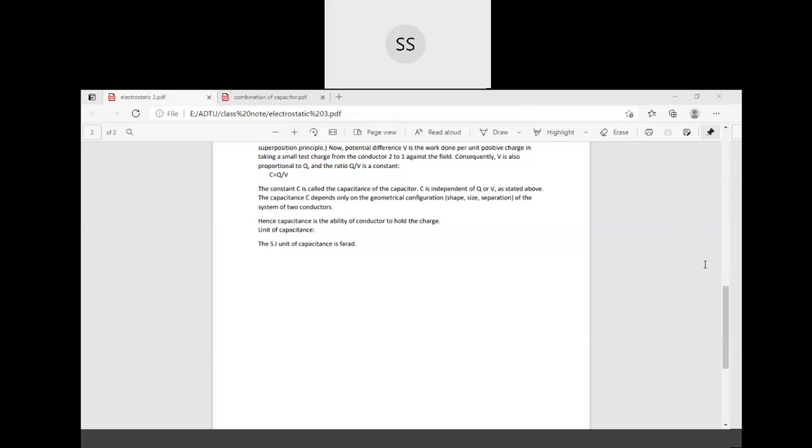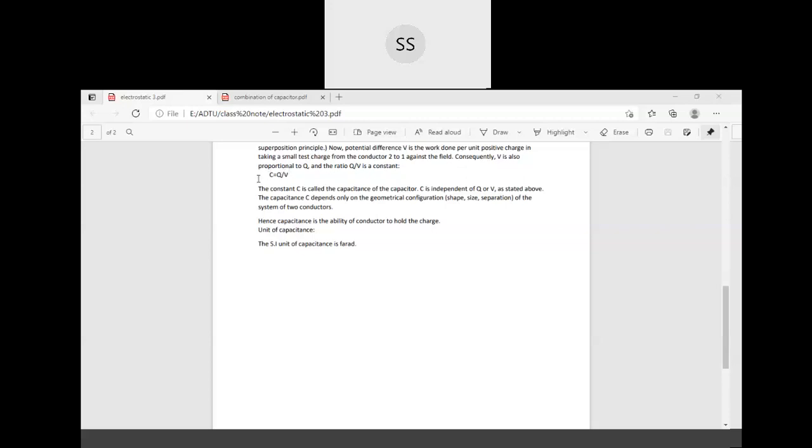Okay, Ziban has answered: the capacitance which stores 1 coulomb charge across potential of 1 volt. Yes, it is correct. See, very simple: unit of charge is coulomb and unit of potential is volt, right?